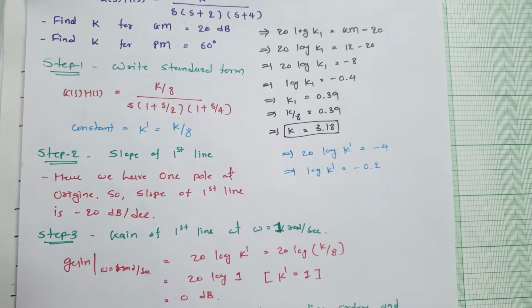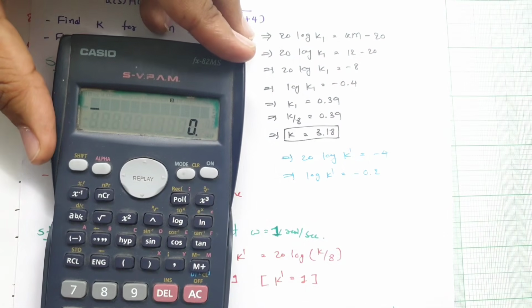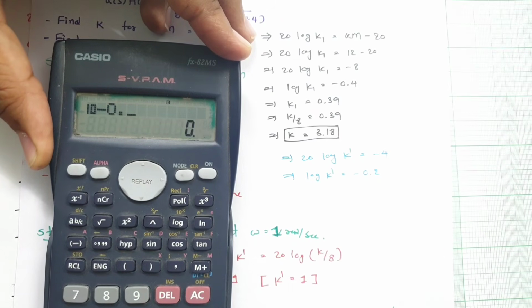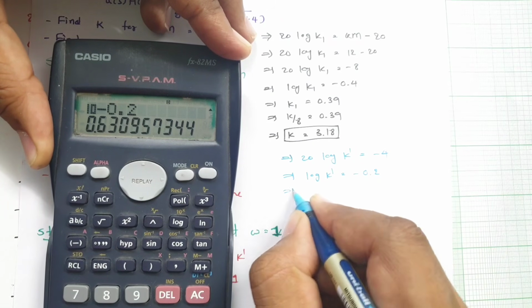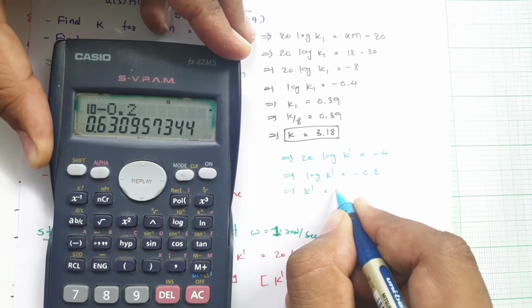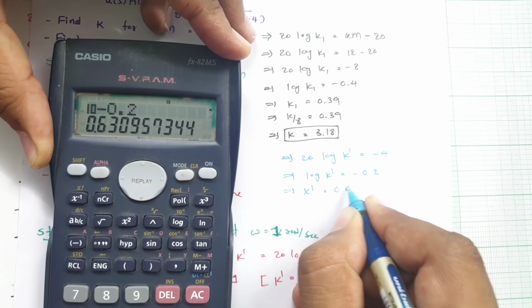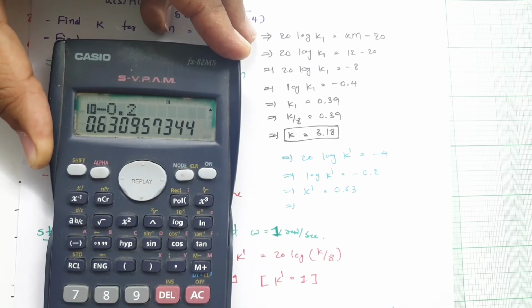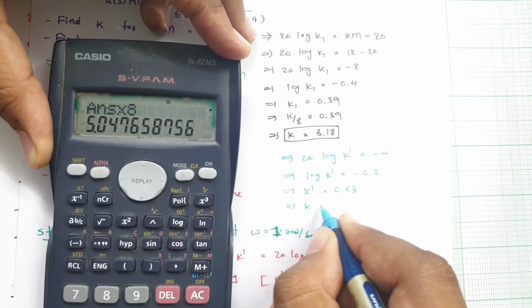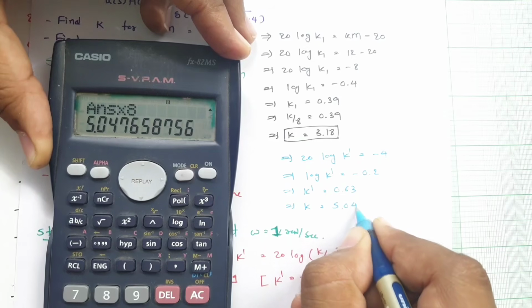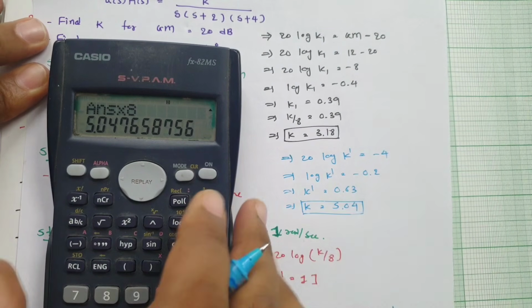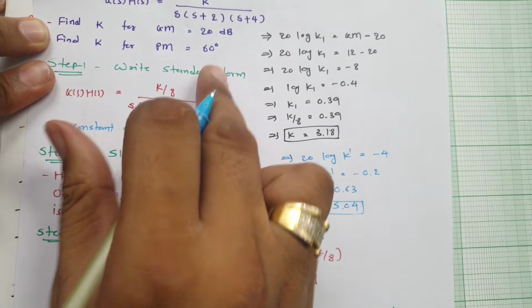If you calculate K dash, it will be 0.63, and K dash is K by 8. So multiply by 8, that will give K. That is 5.04. So now we have a value of K with phase margin 60 degrees.